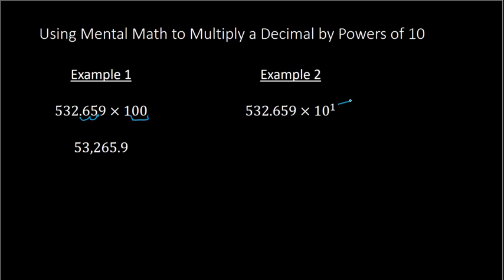So here, our exponent is 1, and by the way, 10 to the first power is just 10. So we have 1 zero, also the exponent is 1, and that 1 tells us to move the decimal point 1 place to the right, which gives us 5,326.59.